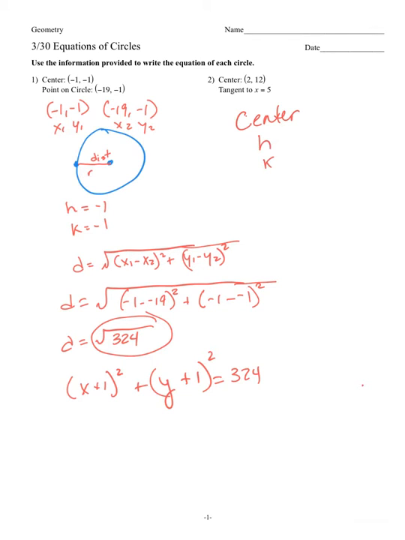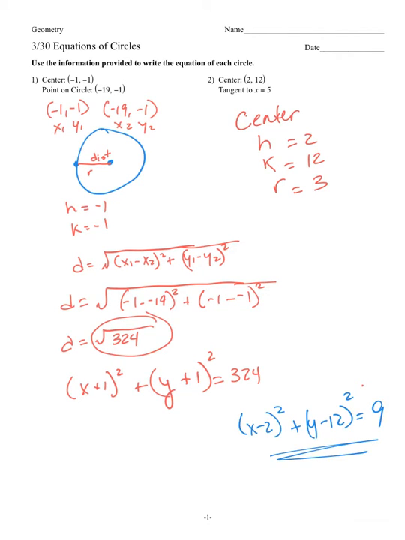So H, K, and R is 2, 12, and the radius was 3. And then we just write that equation. Let me write it down here. So it would be x minus 2 plus y minus 12 squared equals 9.